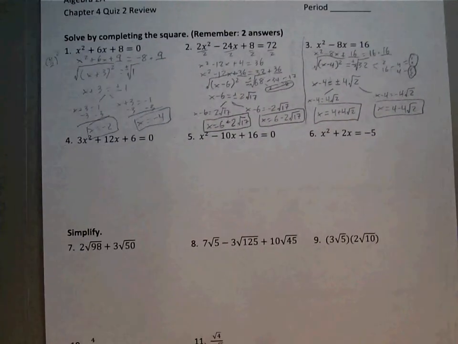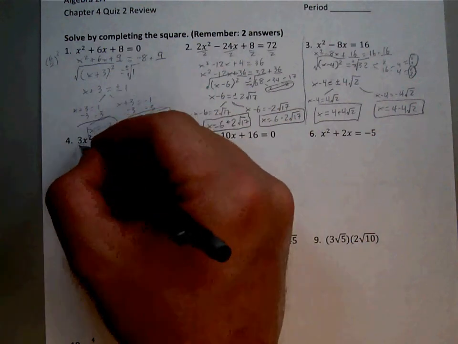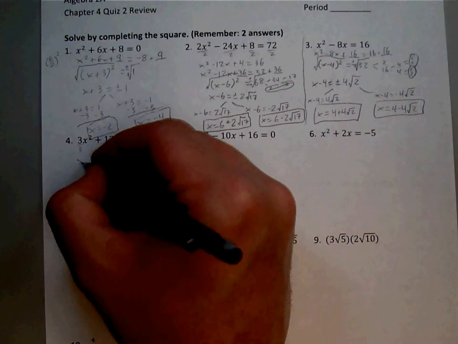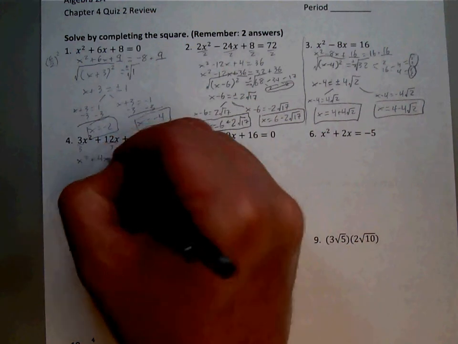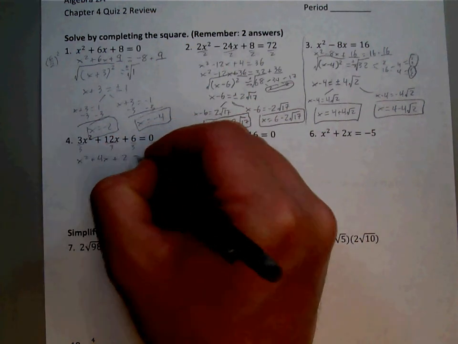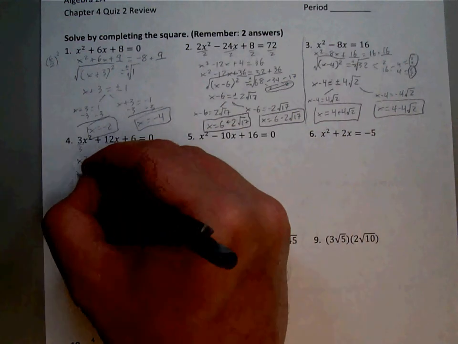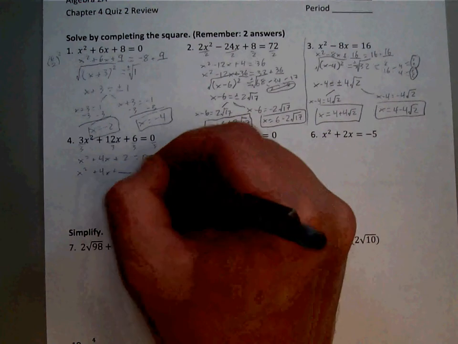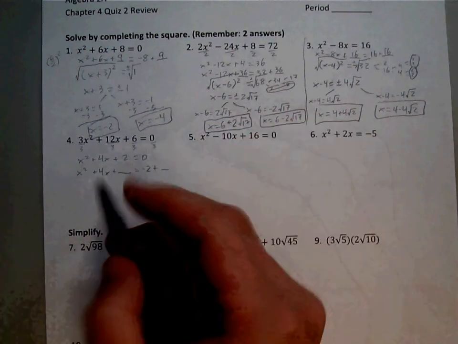The next one, I have to divide everything by 3. So I have x squared plus 4x plus 2 is equal to 0. Subtract the 2 over. Half of 4 is 2.